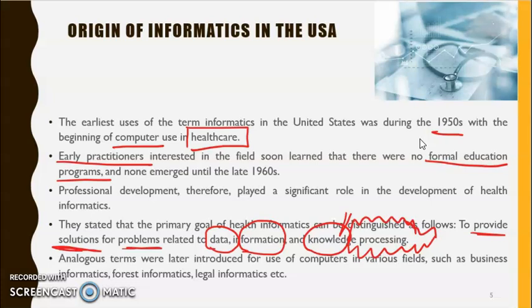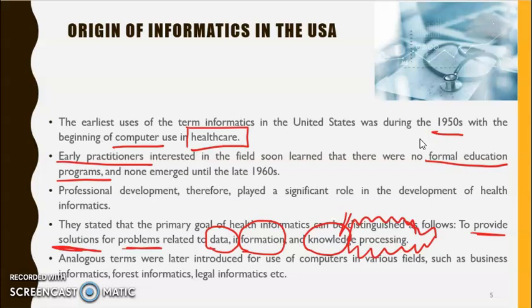Again, it talks about a database. So we have data processing, information processing, and knowledge processing on one side, and on the other what we want to get from them: to provide solutions to problems. And finally, the last bullet says that analogous terms were later introduced for the use of computers in various fields.